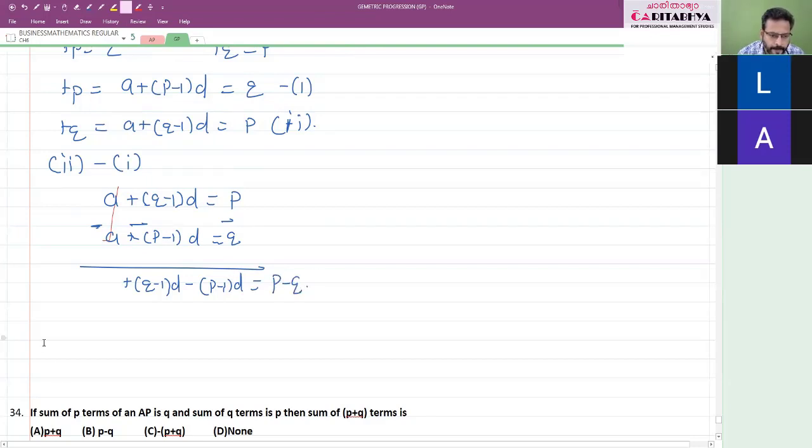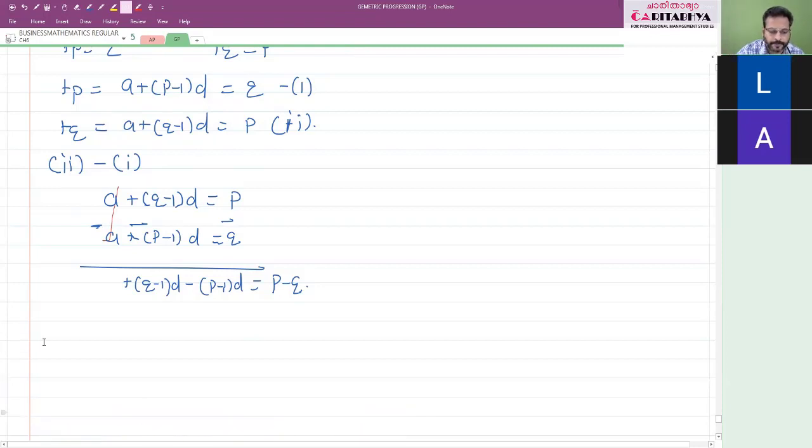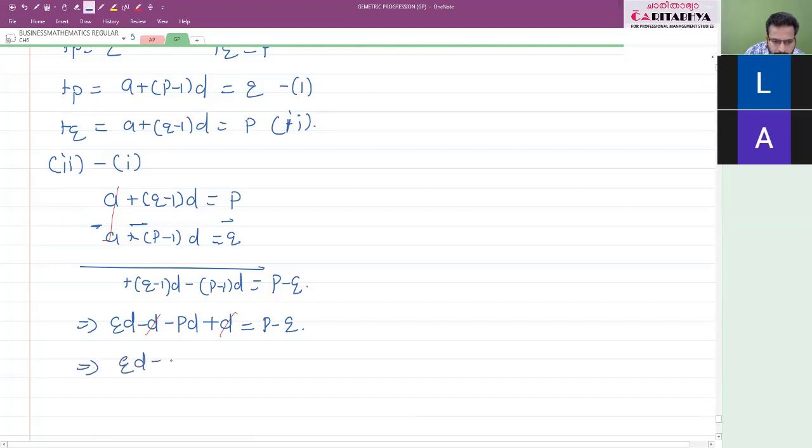Okay. Then this can be written as qd minus d minus pd plus d is equal to p minus q. Okay. So minus d plus d gets cancelled. So remaining qd minus pd is equal to p minus q.